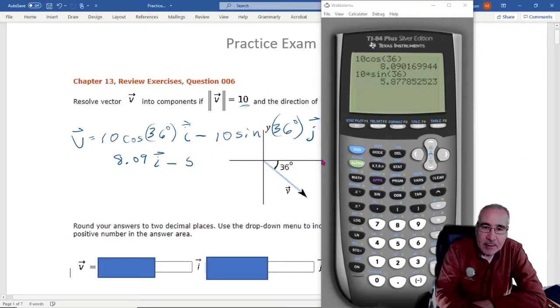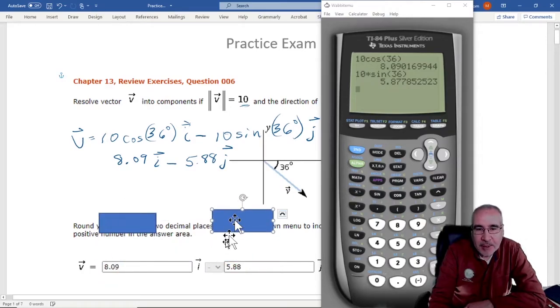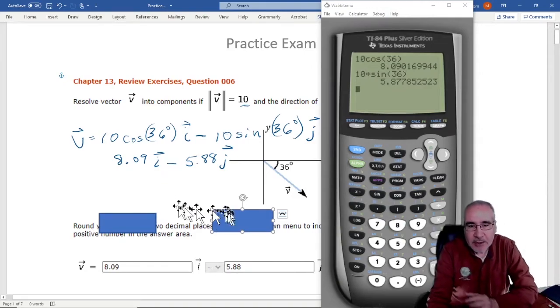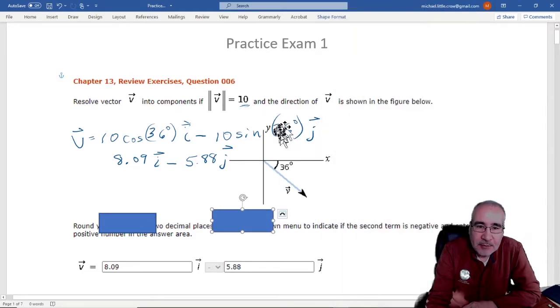And that's our j component. So we've got it into the components here. Let's check our answer. 8.09, 5.88, and notice the negative has been chosen. So make sure you do all of that as you're going through these. Okay, that's our first one.